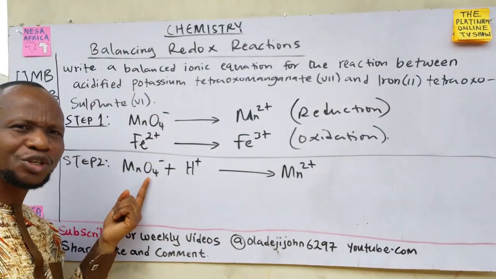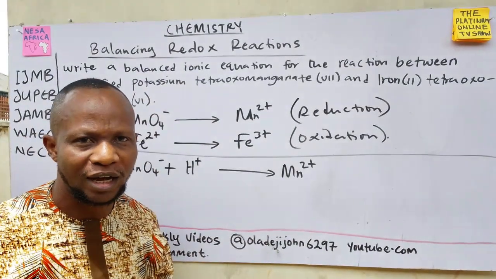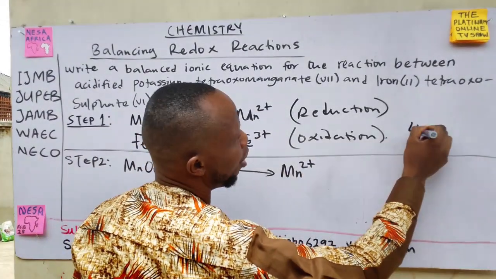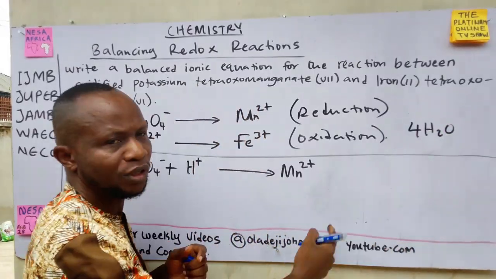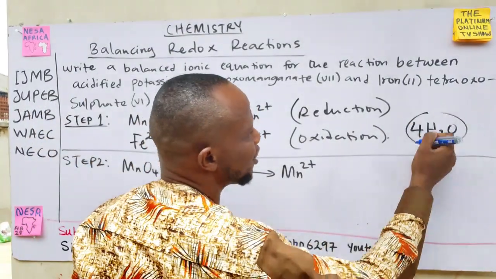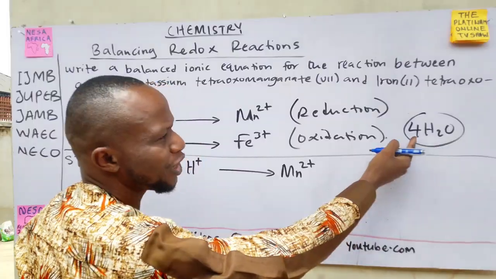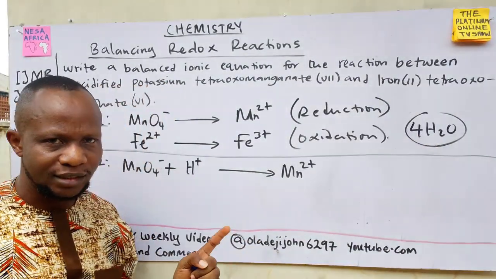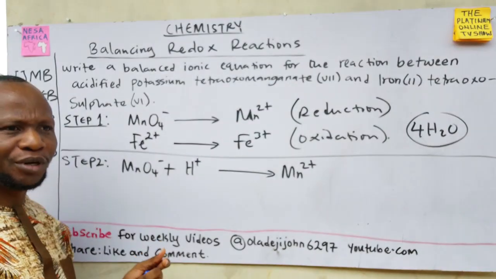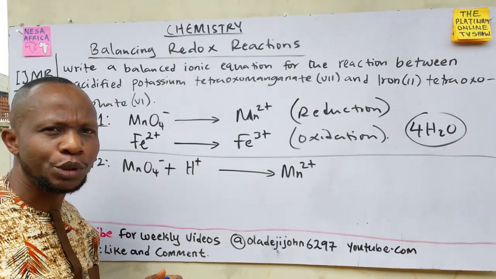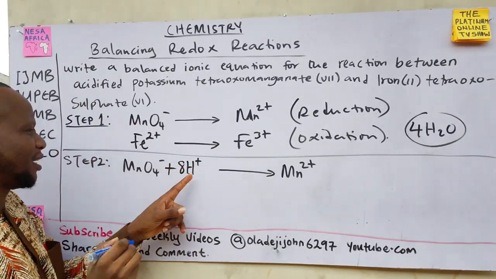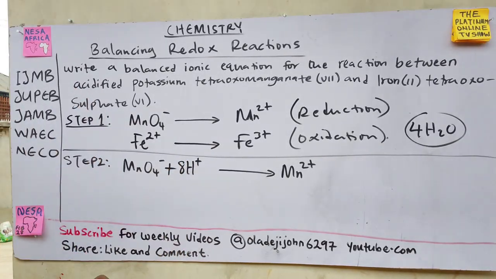Four oxygens will produce 4 molecules of water. In 4 molecules of water, how many hydrogen atoms can we get? 4 times 2, that is 8. Invariably, 8 hydrogen atoms will produce 8 hydrogen ions, so we have 8 H⁺ here.